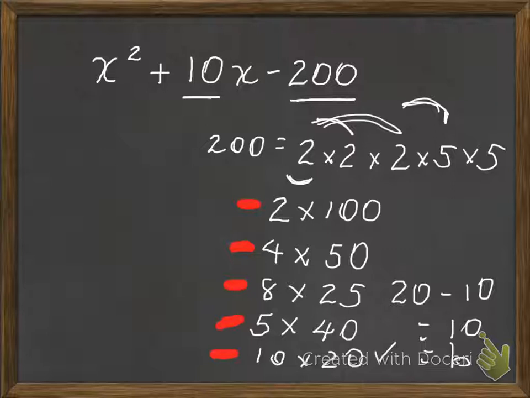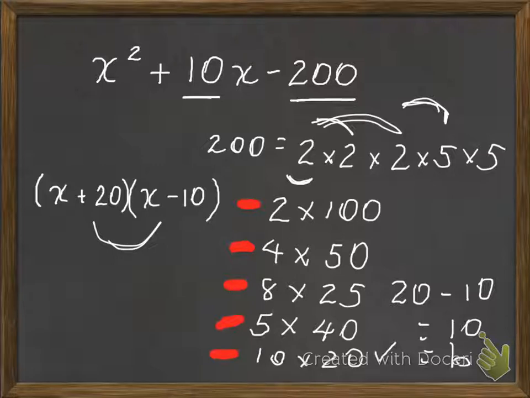So now the correct factorization using the 20 and the minus 10 is x plus 20, x minus 10. And it doesn't matter which order you put these factors, because multiplication is commutative. 4 times 2 is the same as 2 times 4.